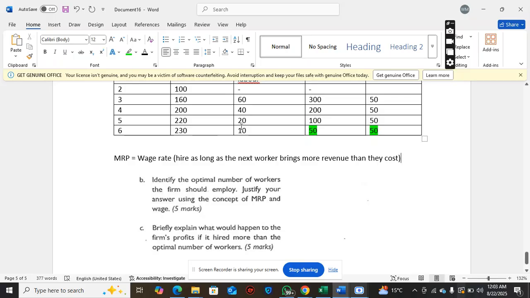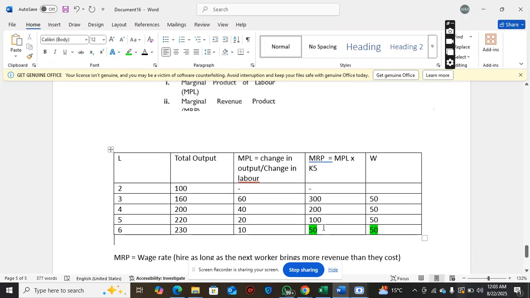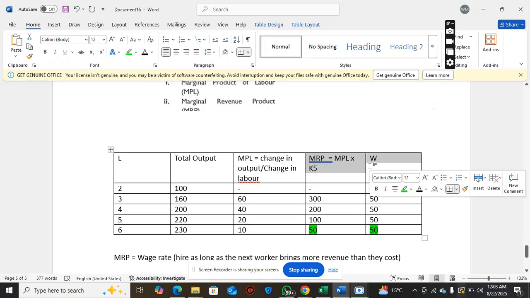So you can continue hiring, even though we can see it's diminishing, but according to this law, hire until revenue product equals wage rate. Once you reach that point, stop hiring. That's what this law is saying. So even though it's diminishing, until you reach the point where MRP equals wage rate, that's where you stop hiring.